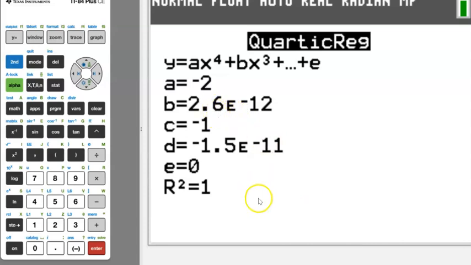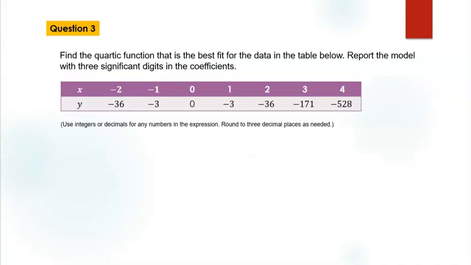Now, one thing you need to know, b is 2.6 times 10 raised to power negative 12. That one is written in scientific notation, and d is also in scientific notation. So I want to go to the PowerPoint and show you why those coefficients b and d are going to be 0. So we're going to go back to our list.